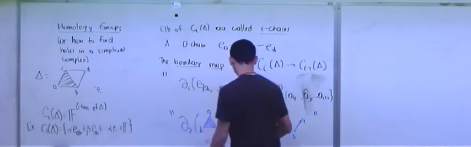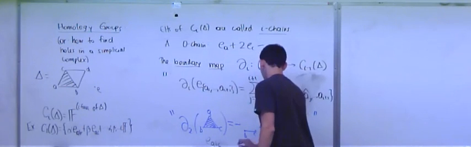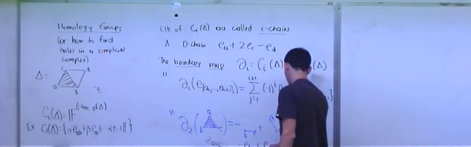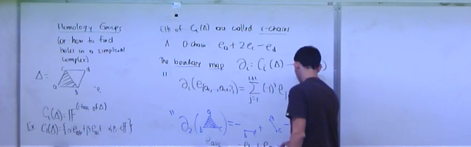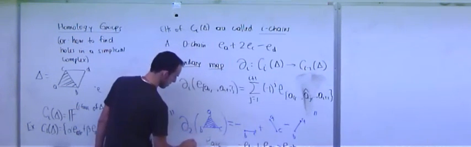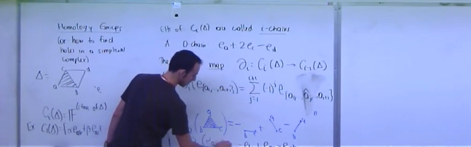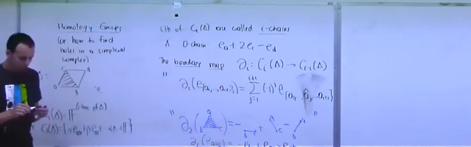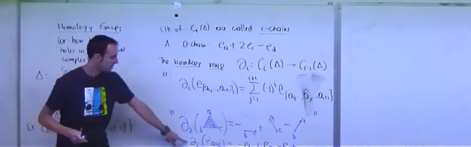And so this is E sub BC plus E sub AC minus E sub AB. Okay. And so this is the equation. Delta 2 of this is equal to this. Okay. So this is the real equation, but this is the way you should think about it.